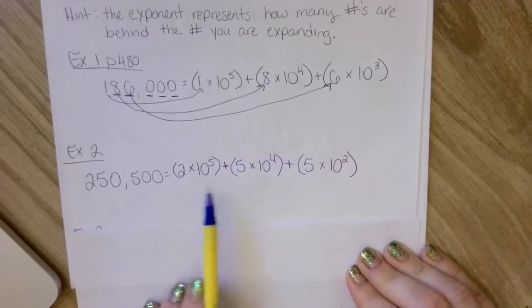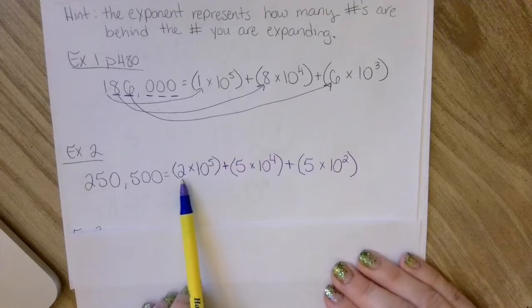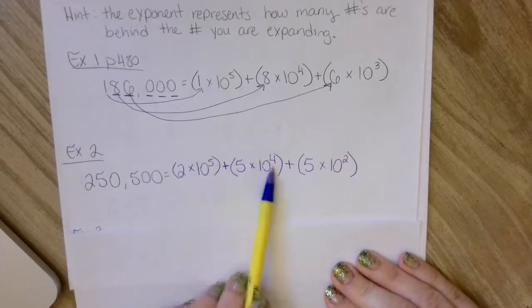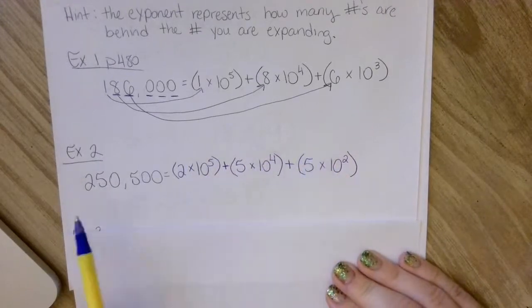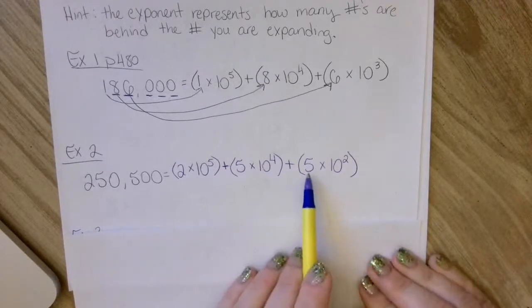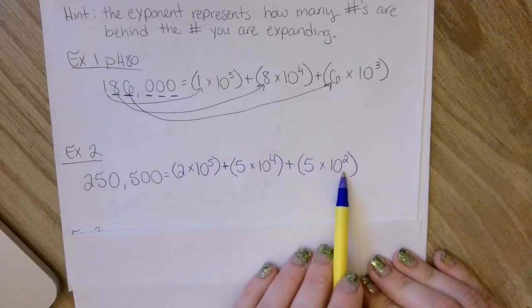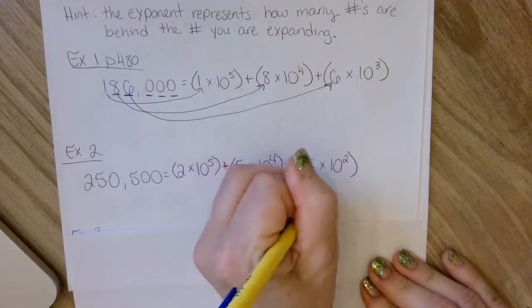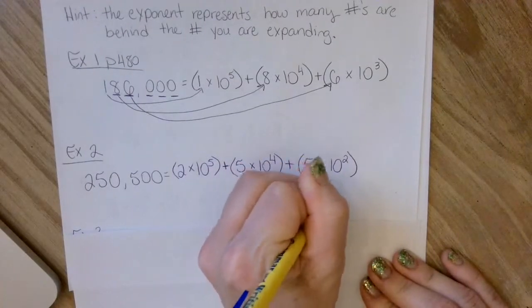And again, if you're unsure, you can always actually solve each of these out. And you would get the exact same answer. So, for example, 5 times 10 to the 2nd would give you 500.